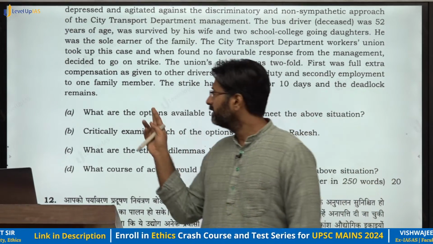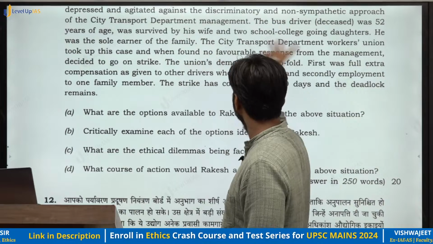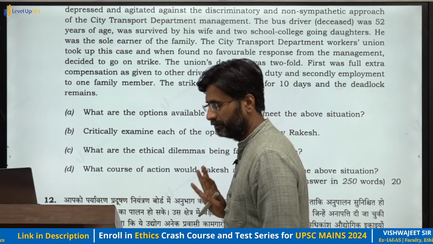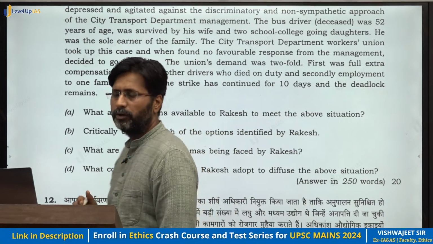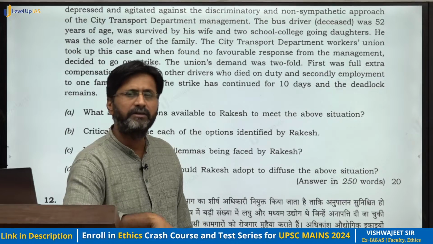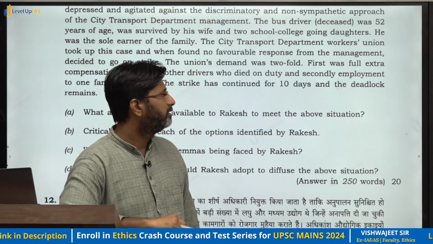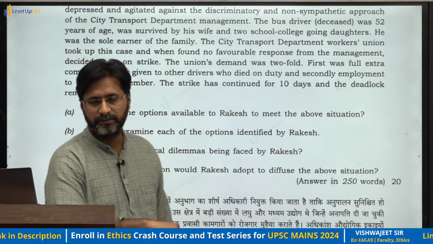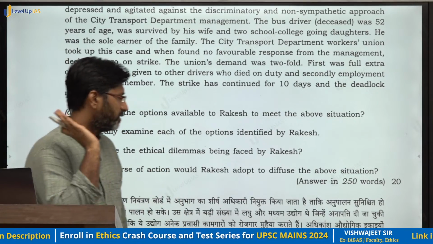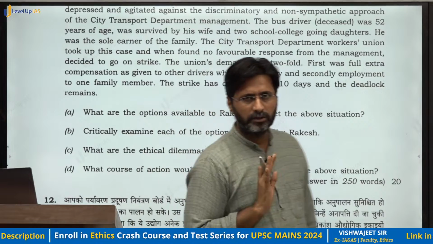Okay, what all they are asking is some extra money and the job. So union's demand was twofold. Like if he would have been given 10 lakh rupees, union is saying no, give 20 lakh and the job because on duty and stuff, and that extra 10 lakh and job the administration is not ready to give.